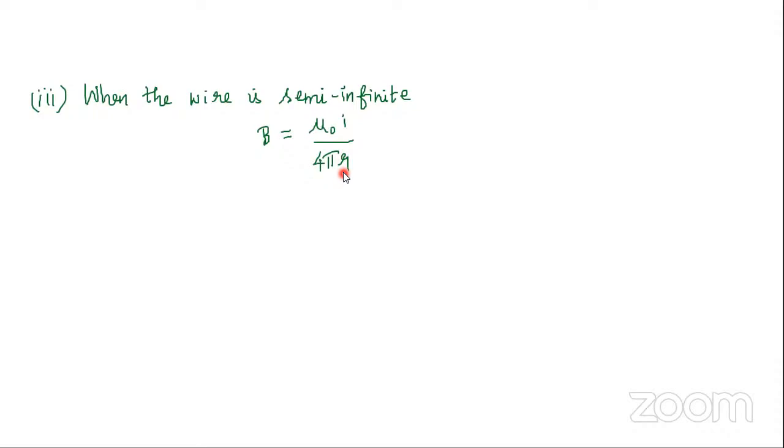And the next thing is the magnetic field at the center of a current carrying arc. That concept we can discuss now.